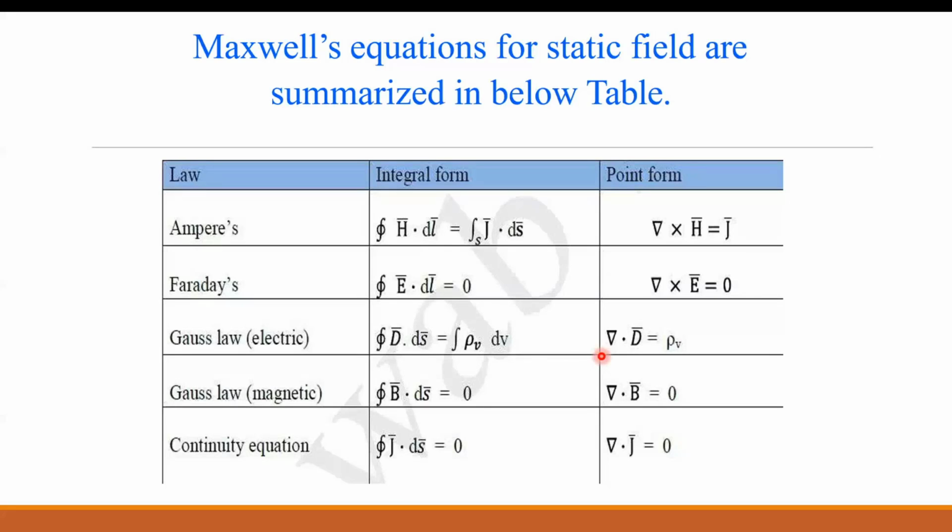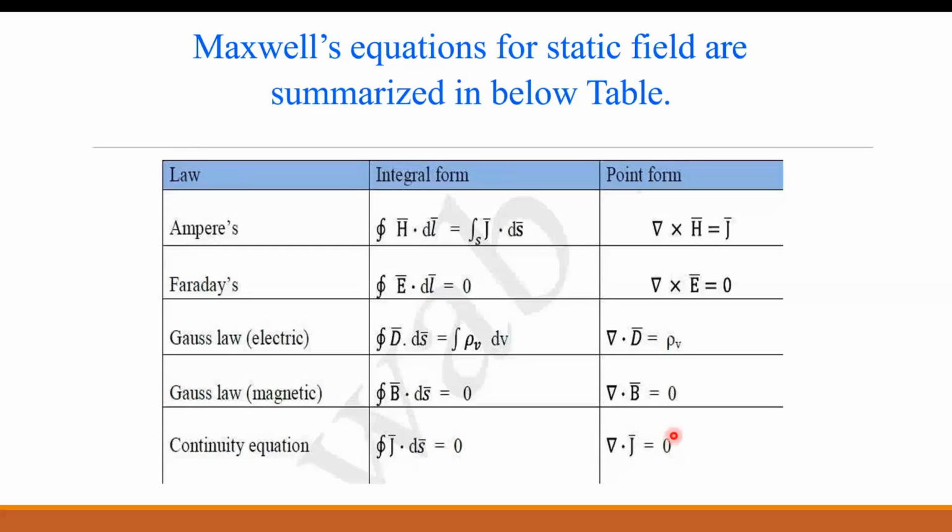Gauss law of magnetic field, the next equation, integral form is closed integration of B bar dot ds bar is equal to 0, and del dot B bar is equal to 0, that is point form. And last, continuity equation. Continuity equation means closed integration of J bar dot ds bar is equal to 0, and del dot J is equal to 0, that is point form.